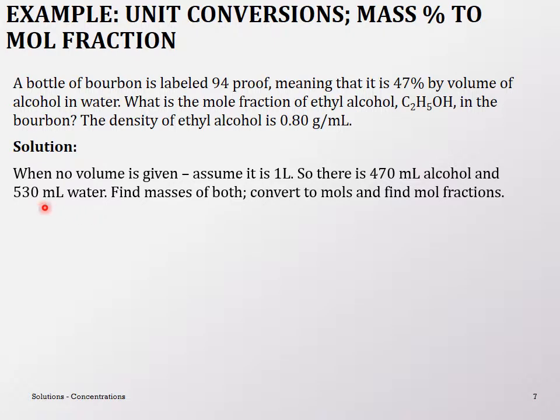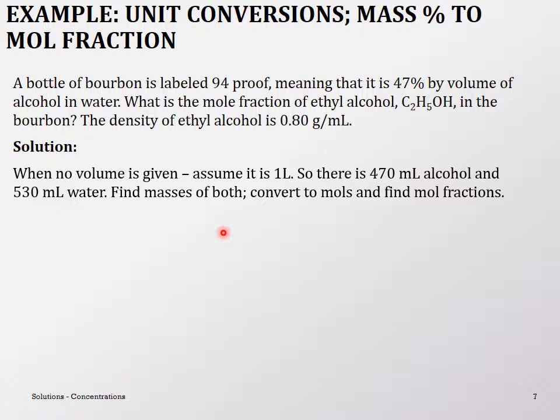If you were to assume 100, then obviously you'll remove the zeros. Your calculations will still be the same because eventually we're going to go to mole fraction, and there are no units for mole fraction. So whether you start with 47 milliliters of alcohol or 470, it's going to turn out to be the same calculation.